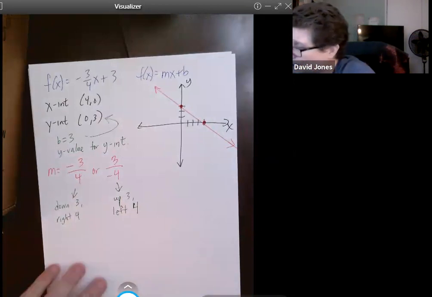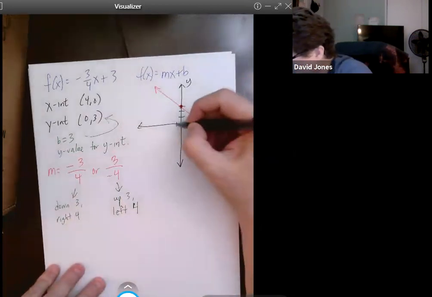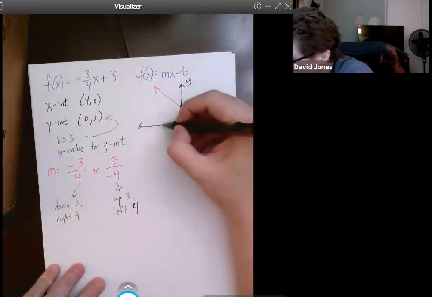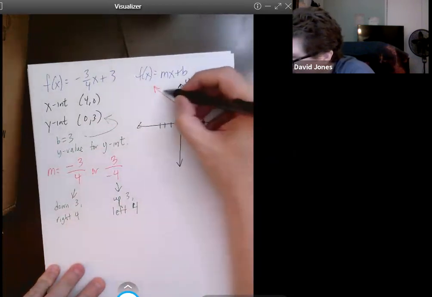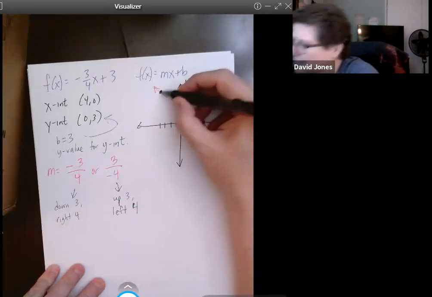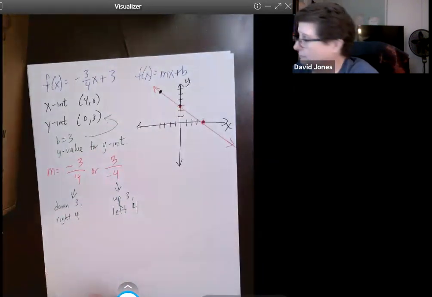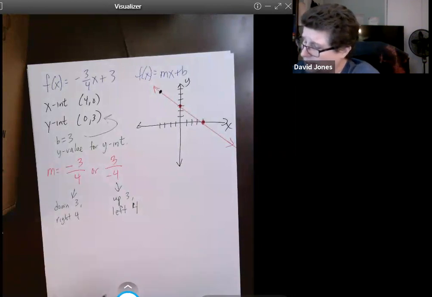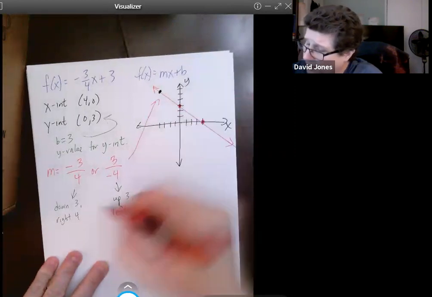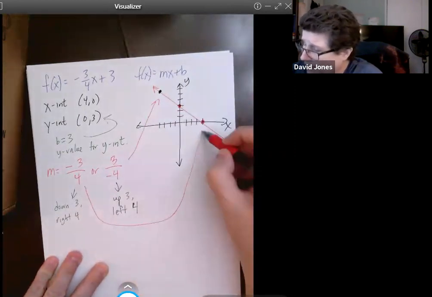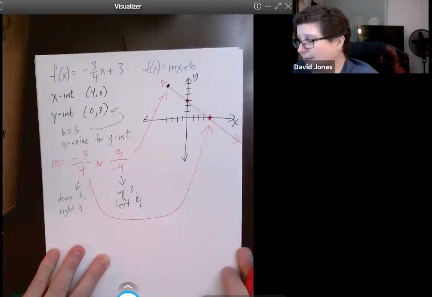So if I added more dots in, up 3, left 4, notice it appears on the line still. So the up 3, left negative 4 leads me to that point. The negative 3 over 4 is that point.